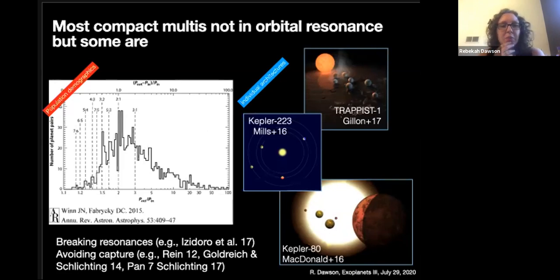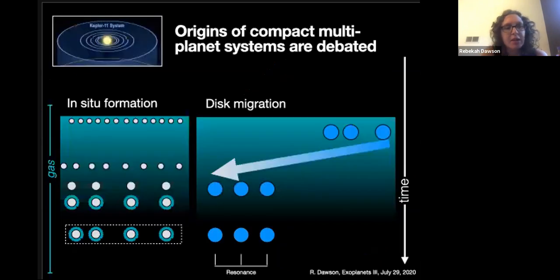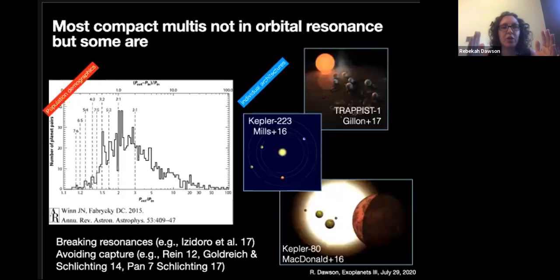This is pretty easy to explain with disk migration, but how about in situ formation? How does in situ formation square with having this wide distribution overall, but then a few systems where planets are tightly in resonance? To address that, we've recently been mining our simulations of in situ formation to see if any planets just naturally end up in resonant chains.